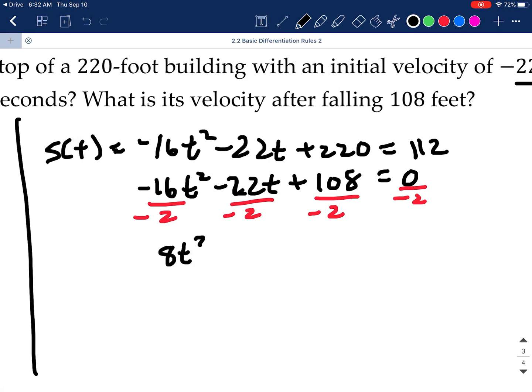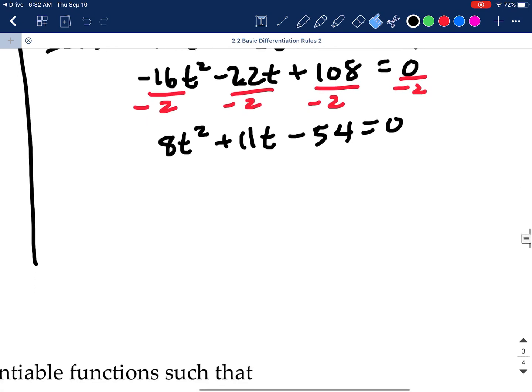So we get 8t squared plus 11t minus 54. Okay, so you can try and work through and factor this if you want to, but just as a reminder, you can also use the quadratic formula.